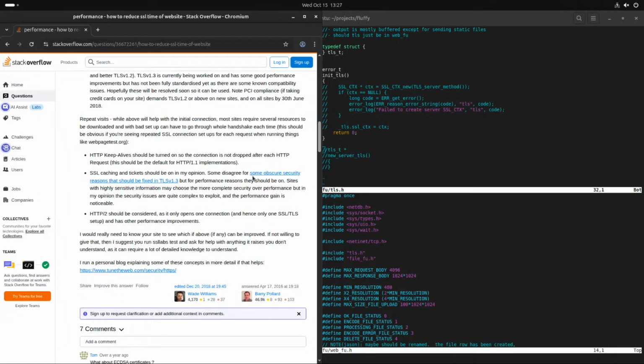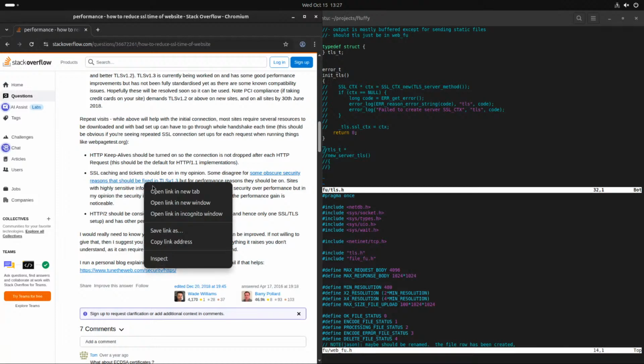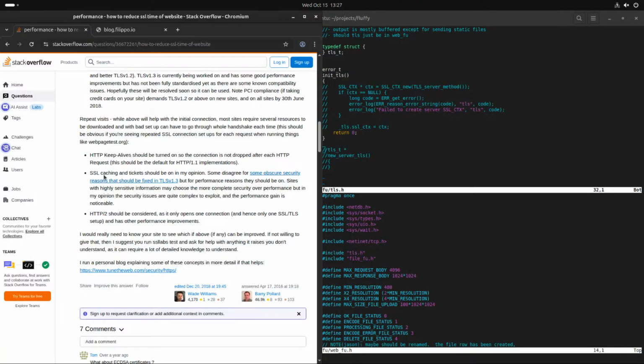And so this is some stuff. It had a thing about discussing more about these sessions and tickets. Yeah, that would decrease that, but there's a lot of other stuff there.